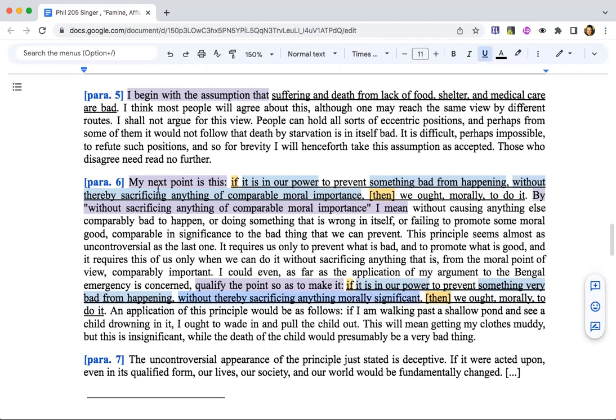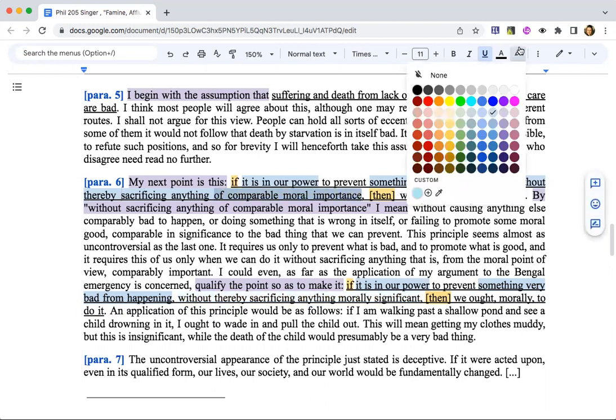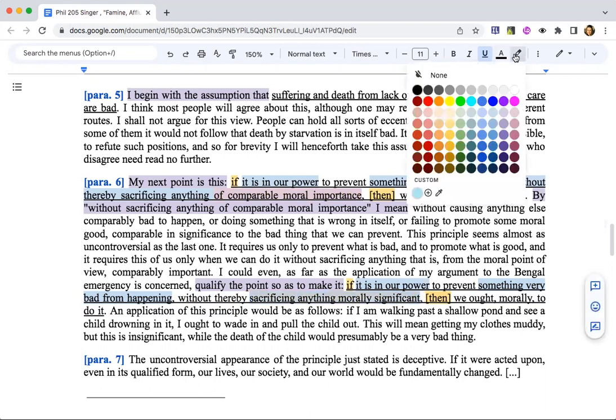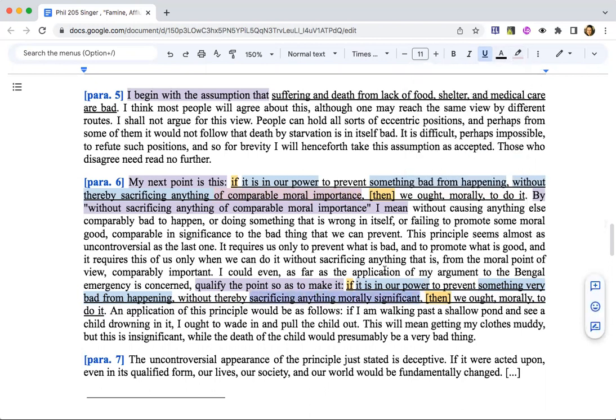The other one said without thereby sacrificing anything of comparable moral importance. So I'm going to highlight this in a different color just to compare. What's the difference?